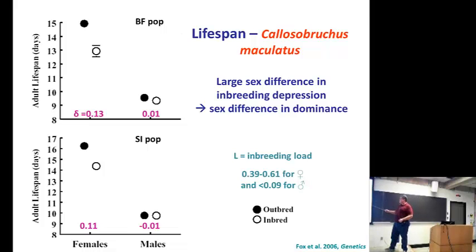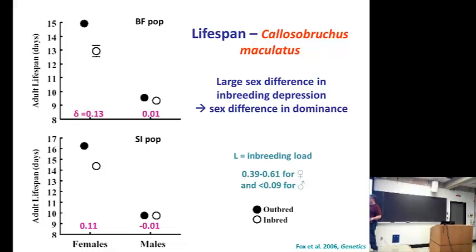So we discovered quite a few years ago in one of my graduate students' projects that if you measure inbreeding depression in adult lifespan, again, we have 2 populations of beetles. Here's outbreds and inbreds females and outbred and inbred males.